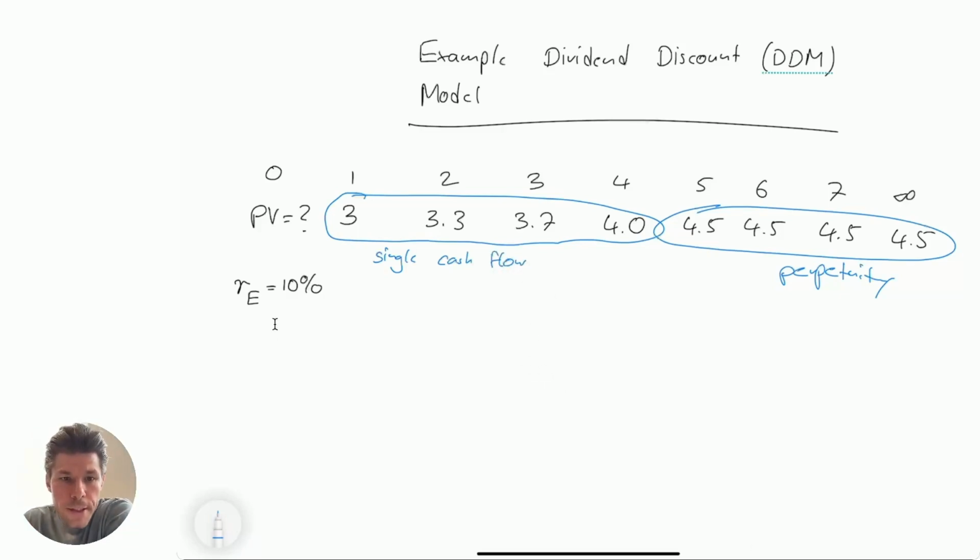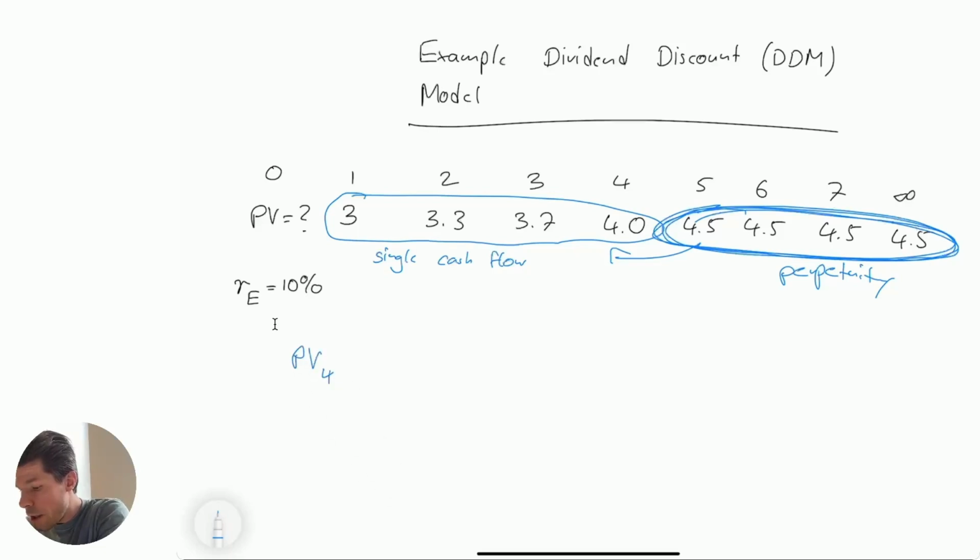What we do first, let's start with our perpetuity formula. Here we discount the value in this circle for year 4. That's what we discount, and the formula is present value at year 4, not year 0.